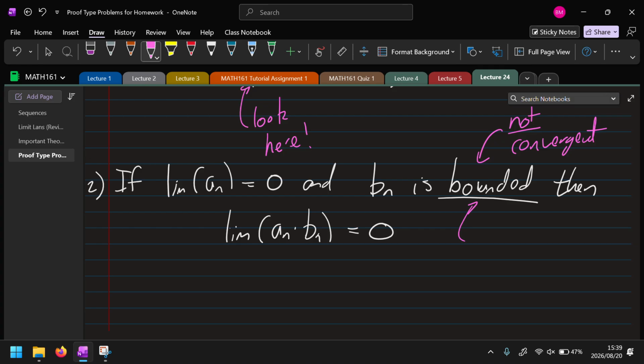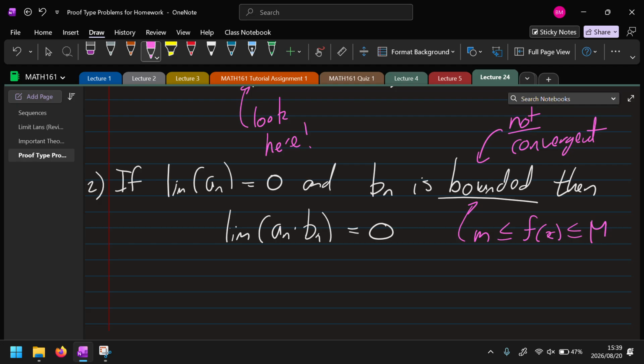It's bounded between -1 and 1. So here we have m is less than or equal to f of x less than or equal to capital M. So if the limit of a_n is 0 and b_n is bounded between 2 points, then show that the limit of the product is 0.